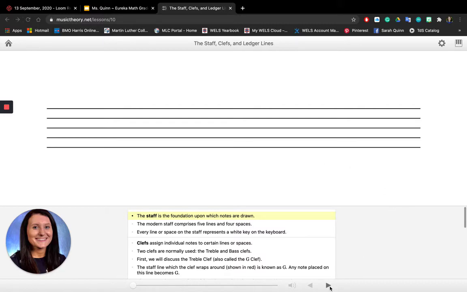So the staff is the foundation upon which notes are drawn. The modern staff comprises 5 lines and 4 spaces, as you see on the screen.